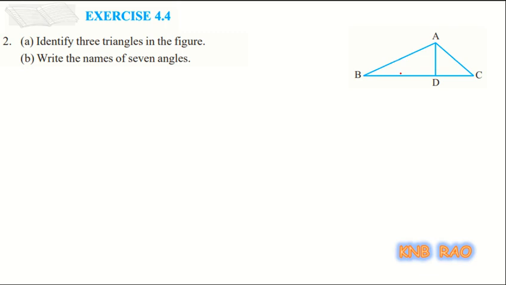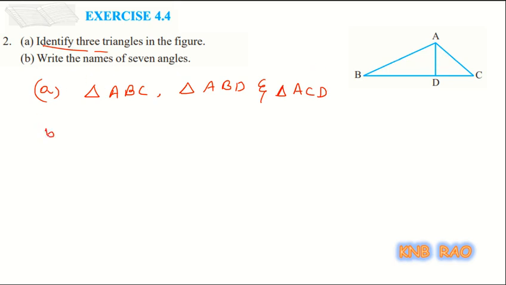On this side one triangle is there, on the other side another triangle. So we are asked, based on this figure, to identify three triangles. First, triangle ABC we have, and apart from that, by drawing AD, I got triangle ABD and triangle ACD. So this side and that side, two triangles.